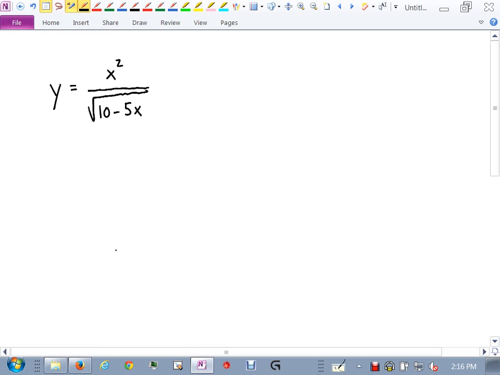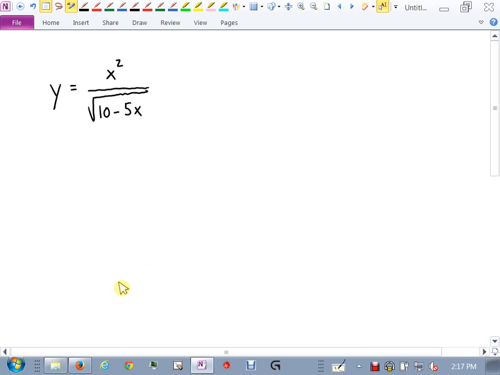x squared over the square root of 10 minus 5x. What do you see? Quotient rule? You have a top and a bottom, right?